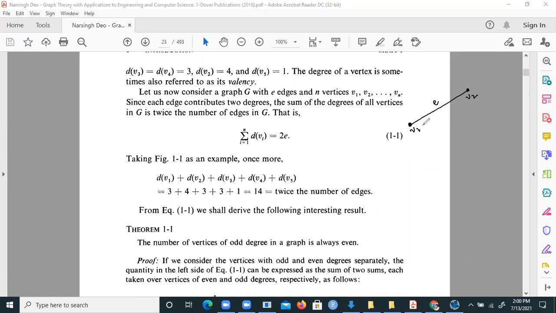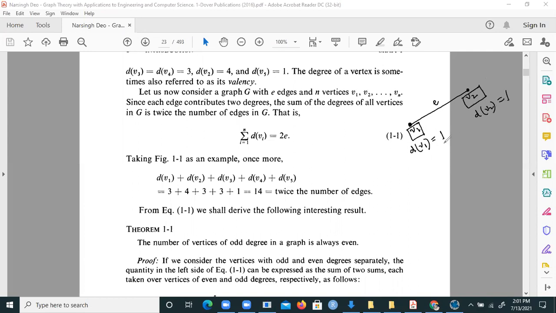Vertices are always associated with an edge. Now, if I ask you what is the degree of this vertex V1, you know that the degree of this vertex is 1. And the degree of this vertex is also 1.